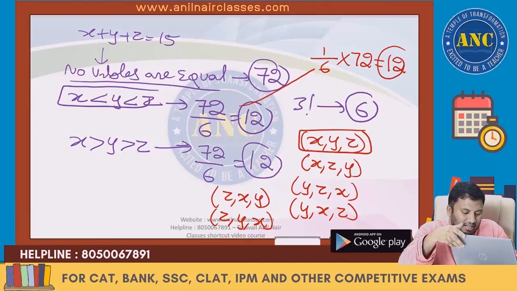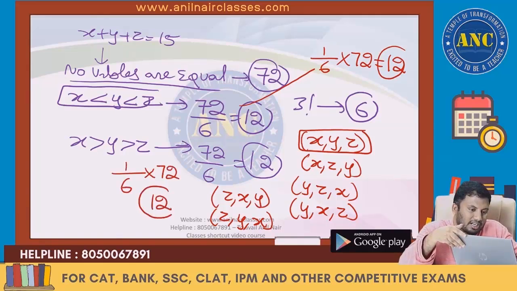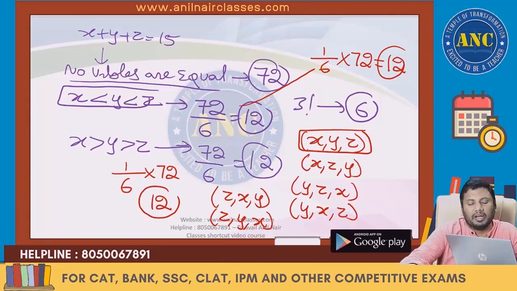Z greater than y greater than x is one case out of 6 cases into 72, and the answer is 12 cases. I hope it is clear.